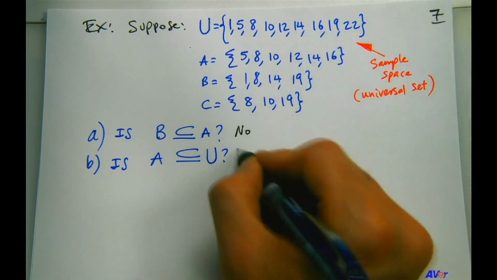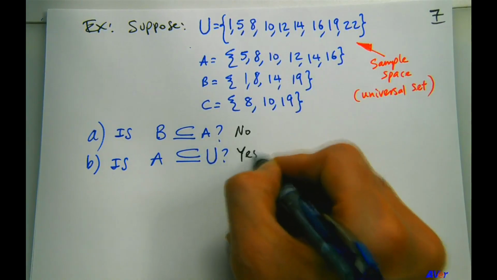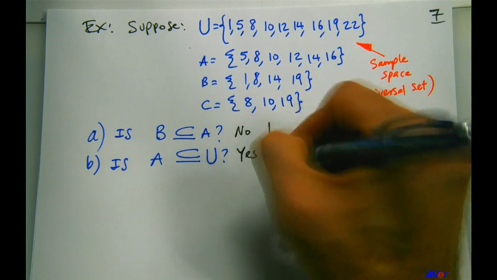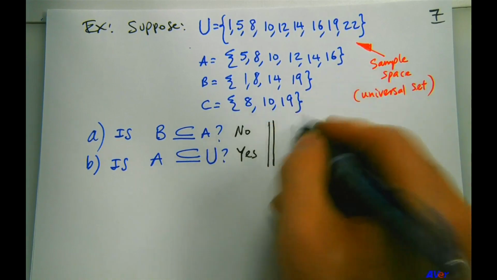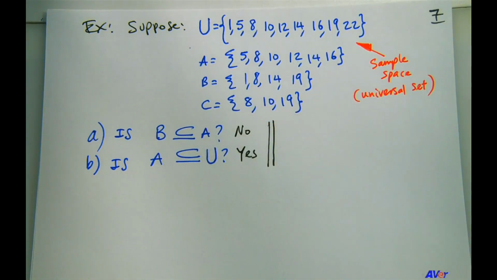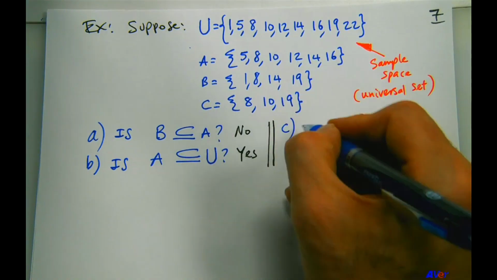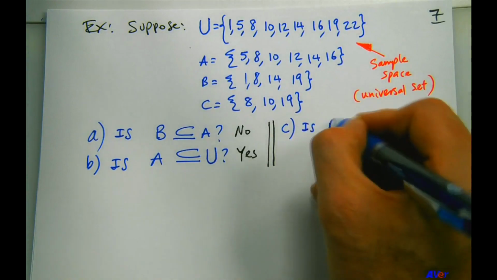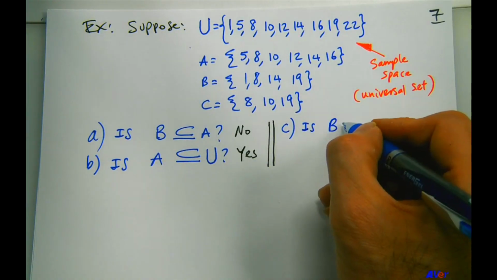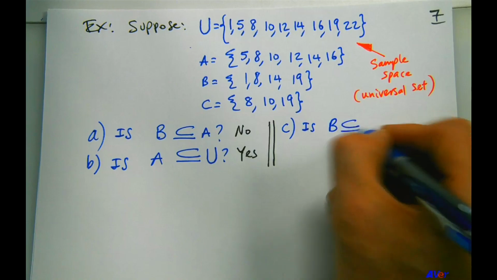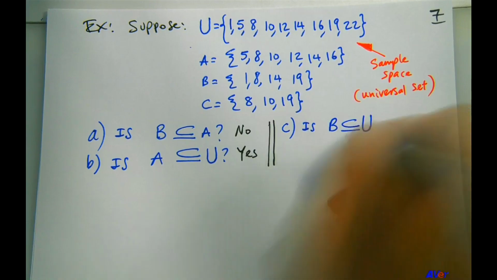So yes. So let me put this to save space and to try to keep everything on the screen as much as I can. So part C, is set B a subset of set U, or the universal set?